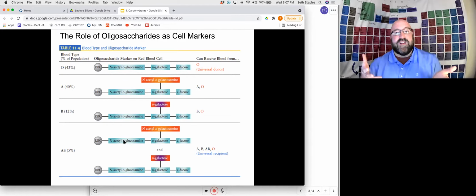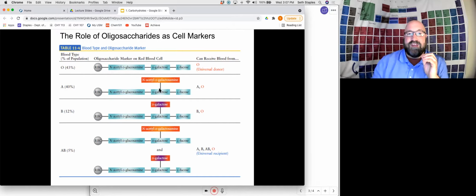And so this leads us to what a lot of you probably know as the donor and recipient issues. The problem is if you're a recipient and you're getting blood that has one of these markers, but your blood doesn't, your body's going to reject that.